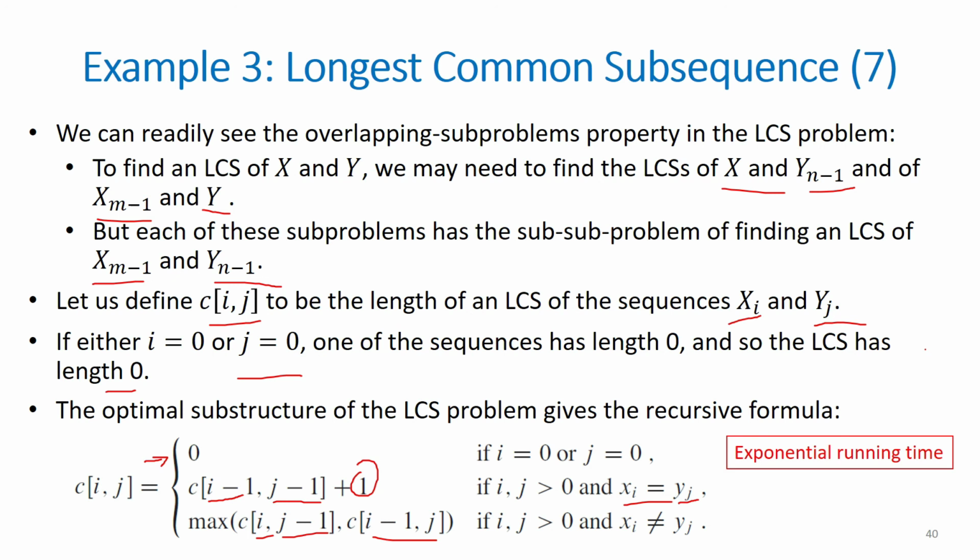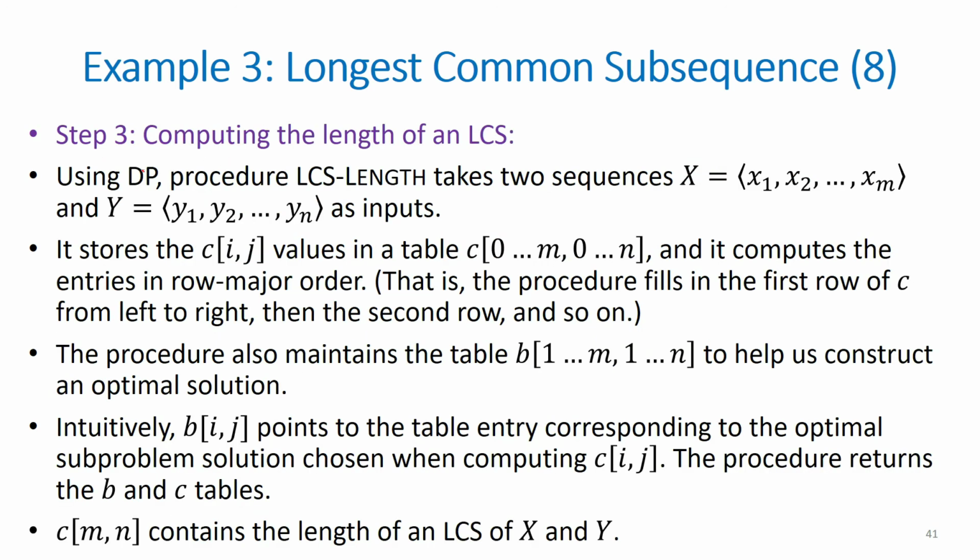of the two sequences. Now, let's use DP to compute the solution in a bottom-up manner as step 3. The procedure defined here is LCS-LENGTH, which takes the sequences x and y as inputs. It uses a table C of dimension m+1 times n+1 to store the length of LCSs found and fills the rows of the table from left to right.